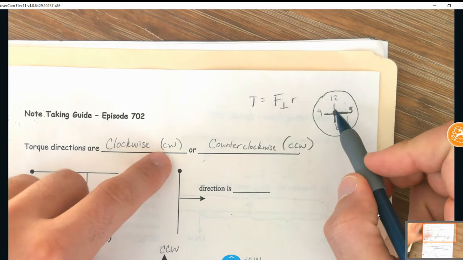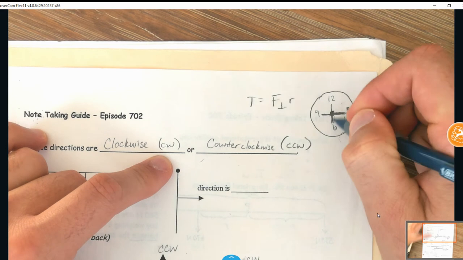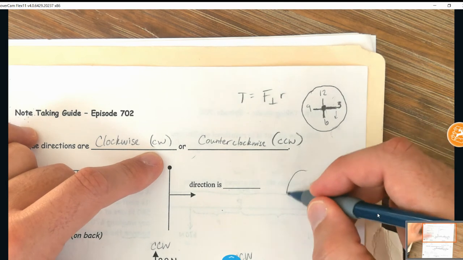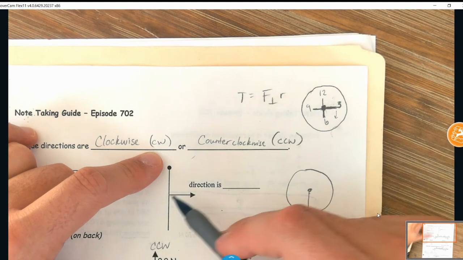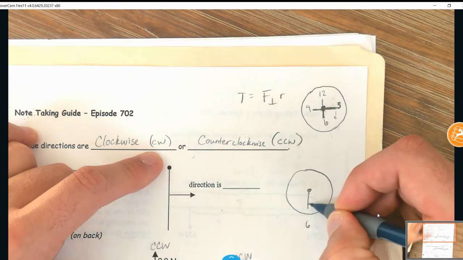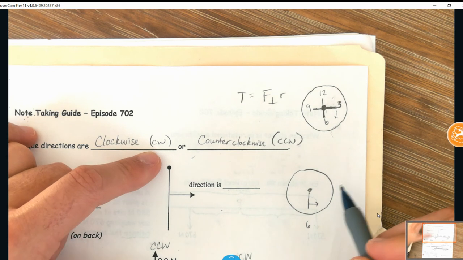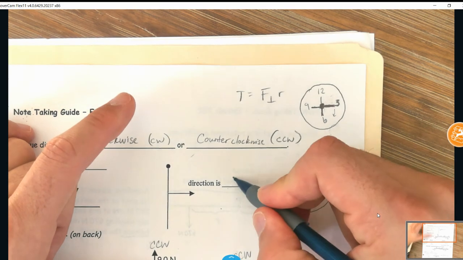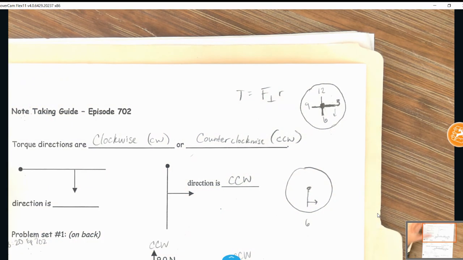If this is the pivot point and the force is going down towards 6 o'clock, it is trying to push it in this direction. If you push it this way, the clock hand would go from 6 to 5 to 4 to 3. Time doesn't move that way, so we're going to say that is counterclockwise. That makes sense?